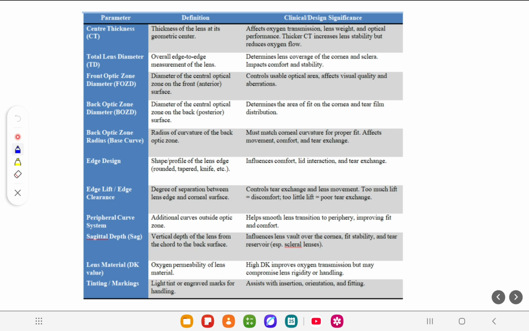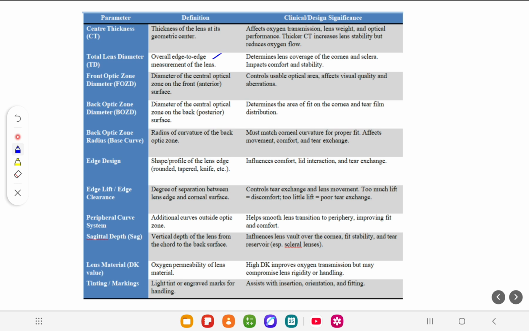So let's summarize it. Central thickness of the lens at the geometrical center basically affects lens weight and optical performance. At the same time, oxygen transmissibility is most important. Overall diameter defines the edge to edge measurement of the lens, and determines lens coverage of the cornea and sclera, with impact on comfort and stability, and it is definitely very important in the case of scleral lenses.